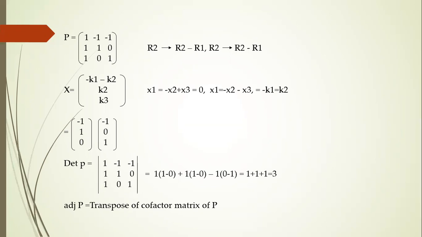Let us find the determinant of P. Det P equals the determinant of the matrix with rows (1, minus 1, minus 1), (1, 1, 0), (1, 0, 1), which equals 1 times (1 minus 0) plus 1 times (1 minus 0) minus 1 times (0 minus 1), which is 1 plus 1 plus 1 equals 3.